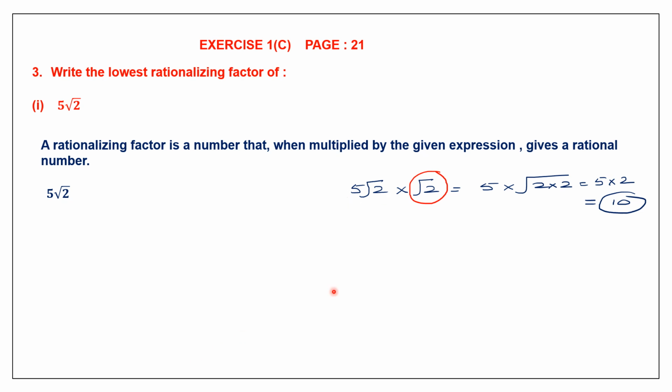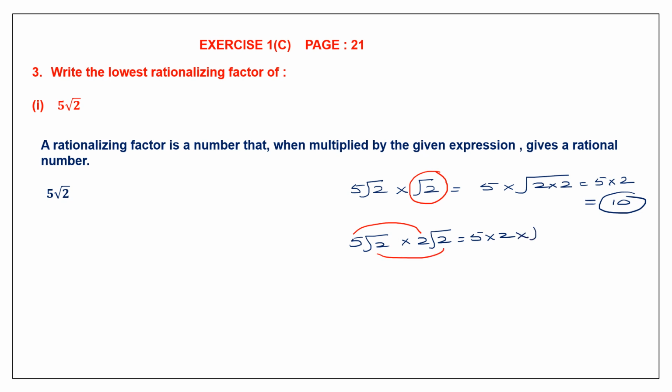First we have taken root 2. Now we can take any other number. I can say 5 root 2 into 2 root 2. I can multiply 5 into 2 and then multiply root 2 into root 2.